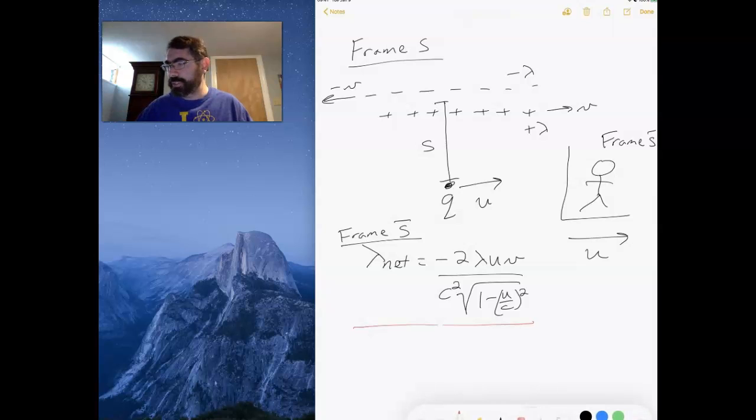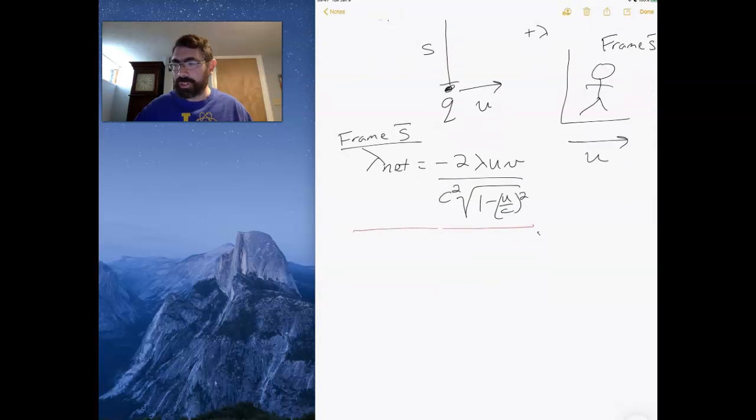So that is the net charge measured in frame S bar, which is moving with a velocity u, and there's a point charge which is also moving with the velocity u. From the frame S bar's perspective, the point charge q is not moving, but the line charges have now been length contracted, and therefore we get this net charge building up.